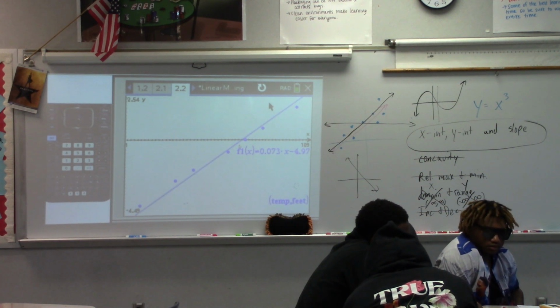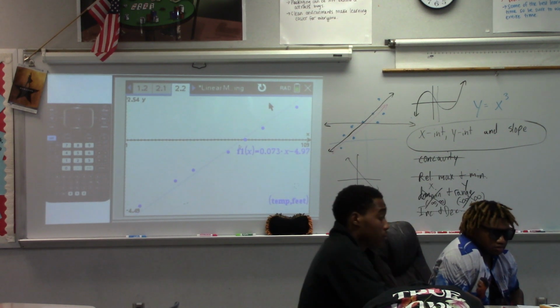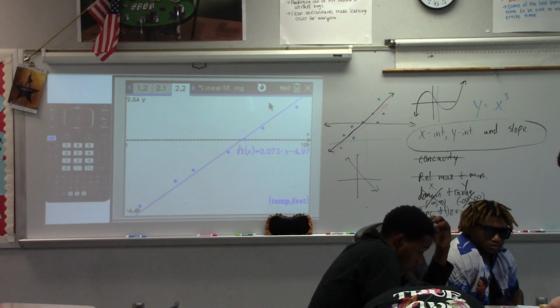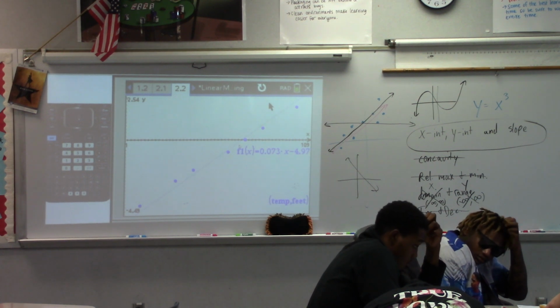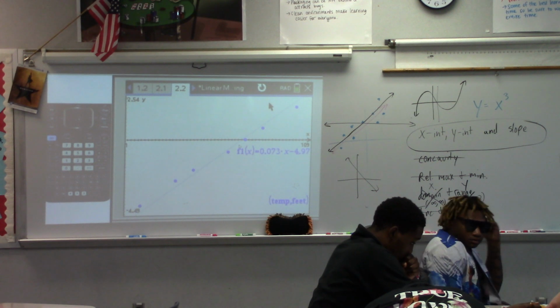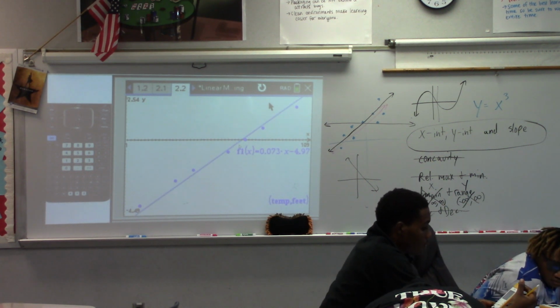Look right here. What's your y-intercept right now? Negative 45.69. What does it look like the y-intercept should be? Look, there's a number right there. It won't rotate. Negative 5?